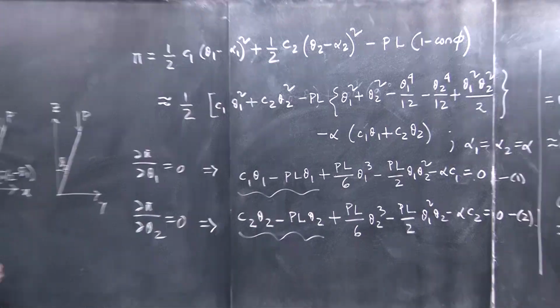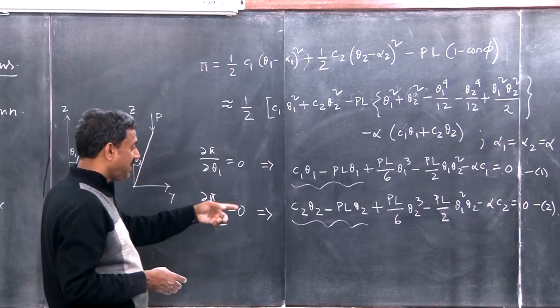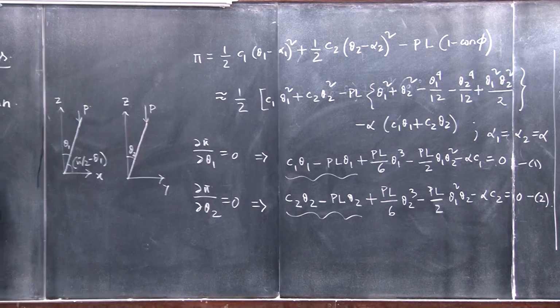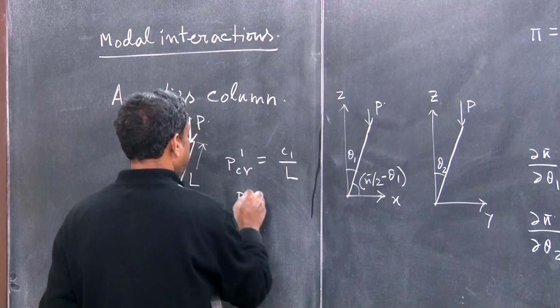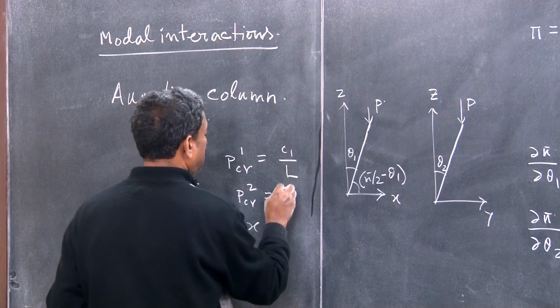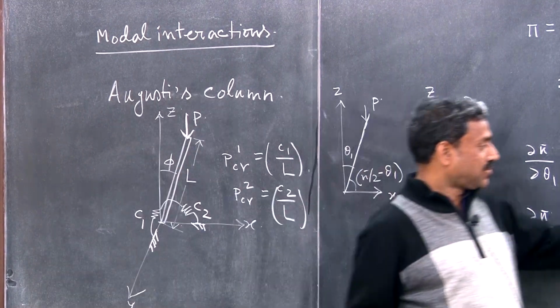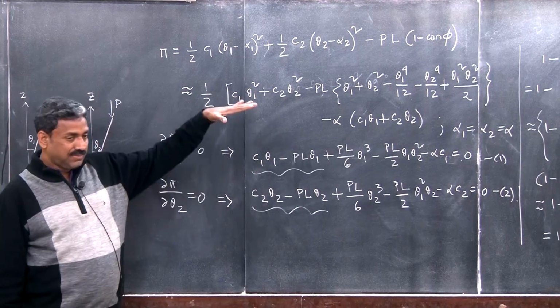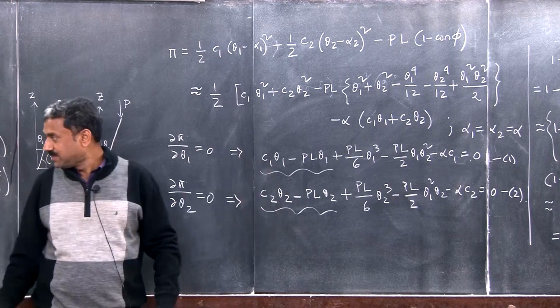So P critical 1 will be C1 by L and another, P critical 2, is C2 by L, right? From where are you getting it? If you linearize, just consider a linear eigenvalue problem. We are linearizing the trigonometric eigenvalue problem to an algebraic eigenvalue problem.